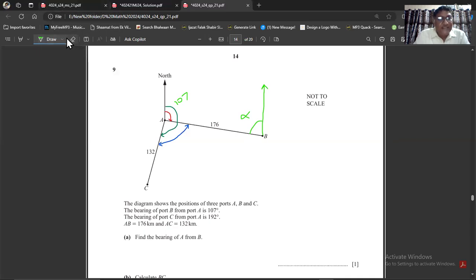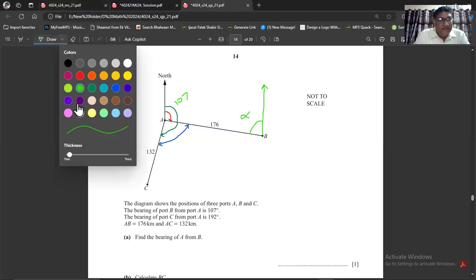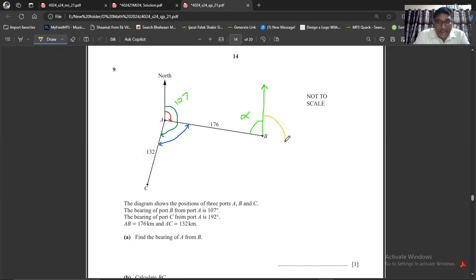So alpha plus 107 is 180, and you can find alpha. Then the bearing of A from B will be from this north, you go clockwise to the BA line, and this angle will be 360 minus alpha.